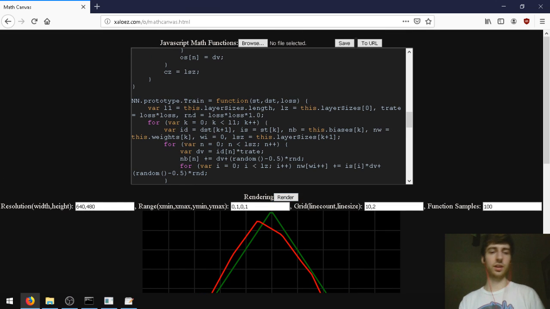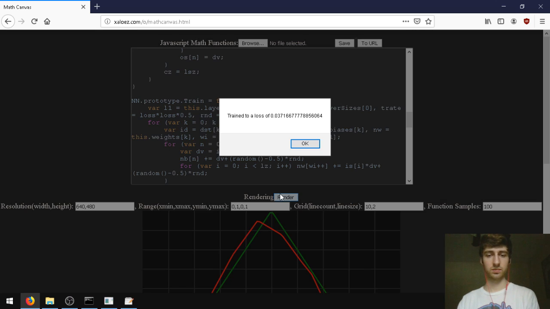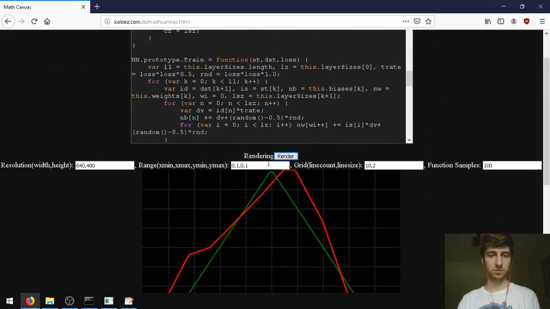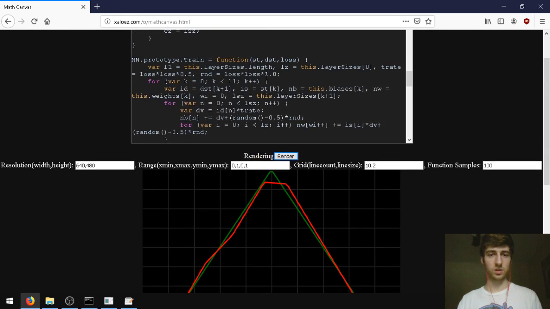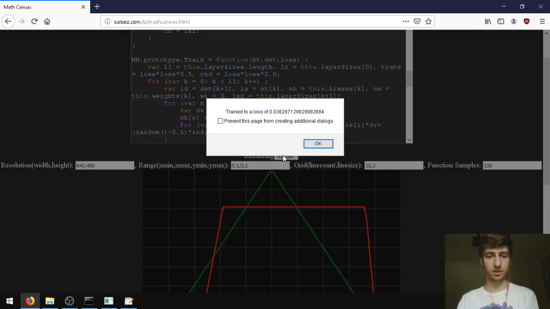I still think I can train better than this. So that's what I'm going to try to do. I'm going to tweak these hyperparameters.